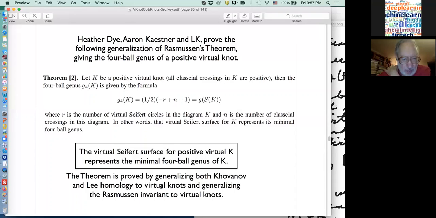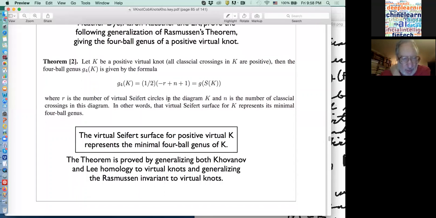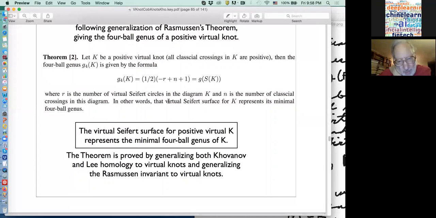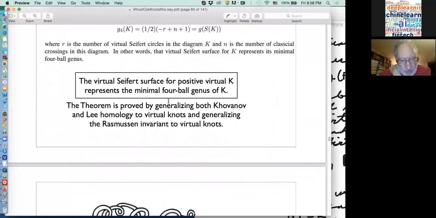And the original approach was able to prove this same theorem, Seifert genus, for the case of classical knots. And Heather Dye and Aaron Kaestner and myself managed to generalize this result to virtual knots that are positive in this way. So that's on our docket to talk about.